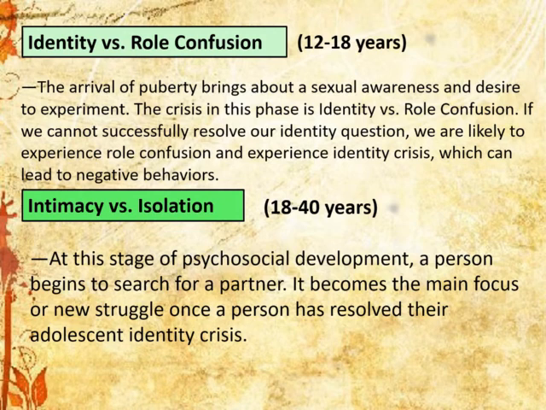If you successfully resolve the conflict between intimacy and isolation, it can result in a happy relationship, a sense of commitment, safety, and care within a relationship, and especially, you can have the virtue of love. However, if you choose to avoid intimacy, fearing commitment and relationships, it can lead to isolation, loneliness, and sometimes, at worst, depression.